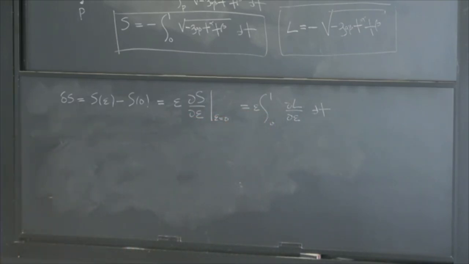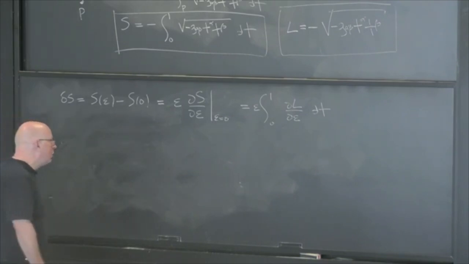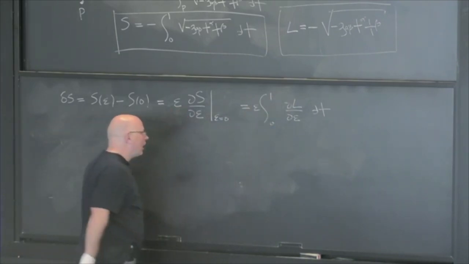And we're going to be working on this, and we're going to be demanding at the end of the day that this first order variation of the action vanishes. And we're going to make all the usual stipulations. We want all the curves to start at the same point, and so on. Okay, so we have to work on this.